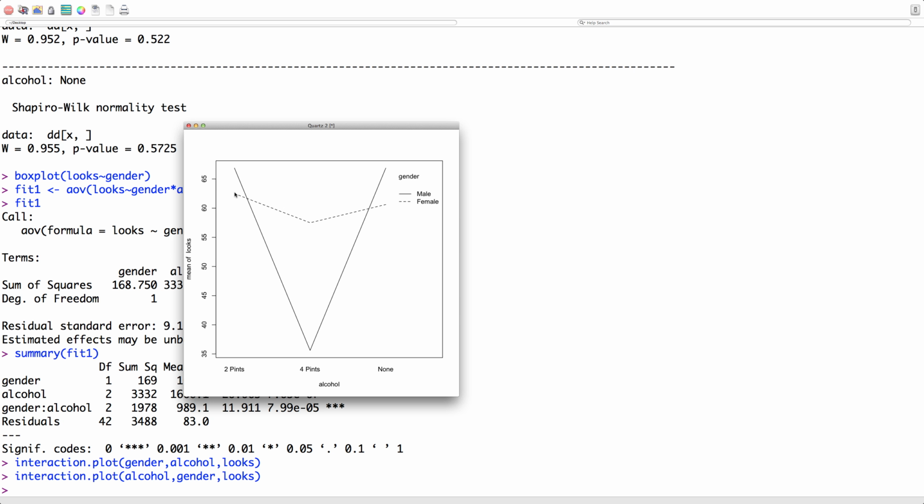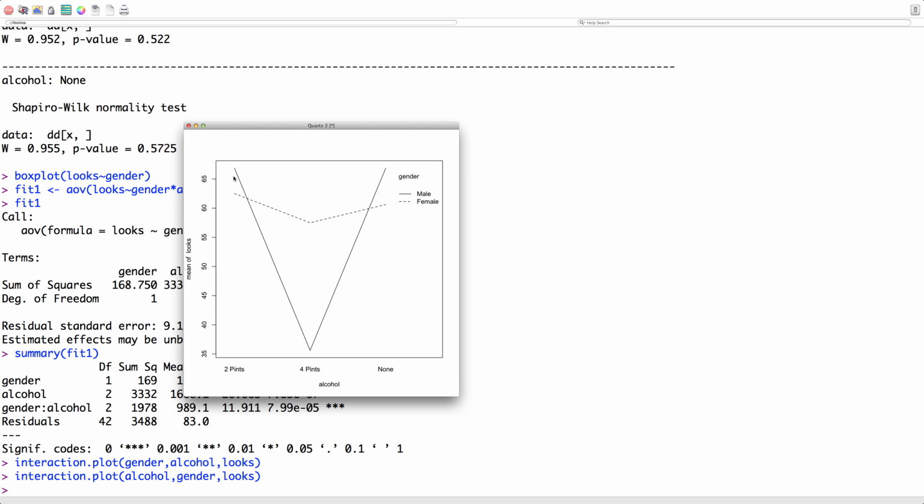For 2 pints, males are still apparently more selective than females. But man, I'll tell you what, the guys lose their minds and go insane once they get 4 pints in them. There's a drastic difference. It looks like a mean attractiveness rating of about 36 or 37 for males versus about 57 or 58 for females.